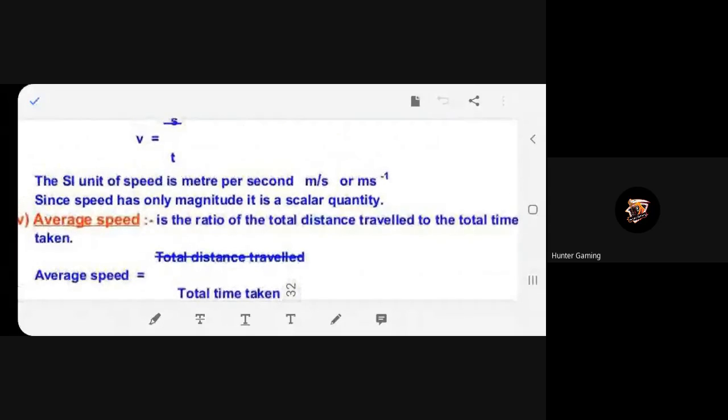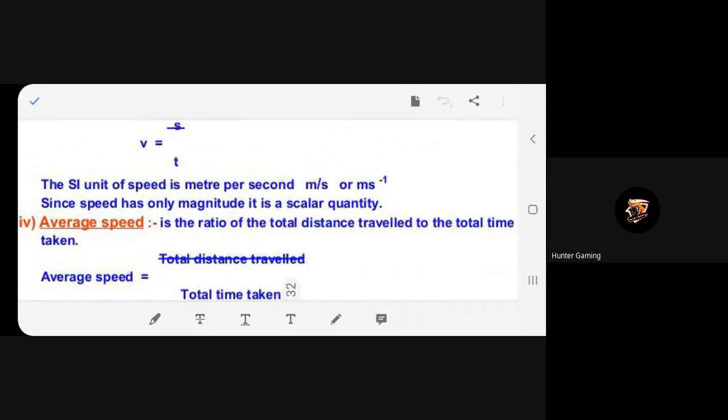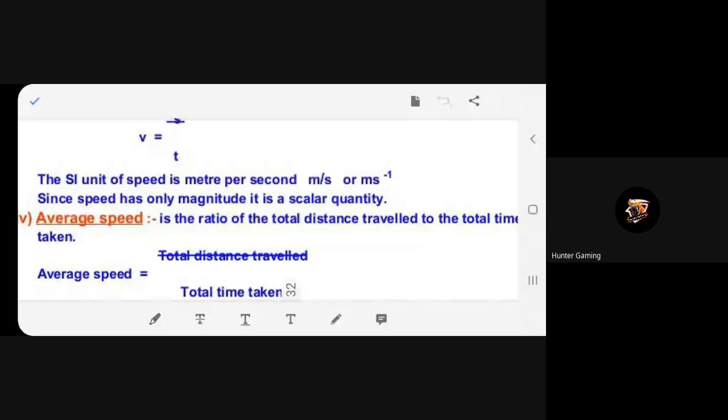Average speed is the ratio of the total distance traveled to the total time taken.